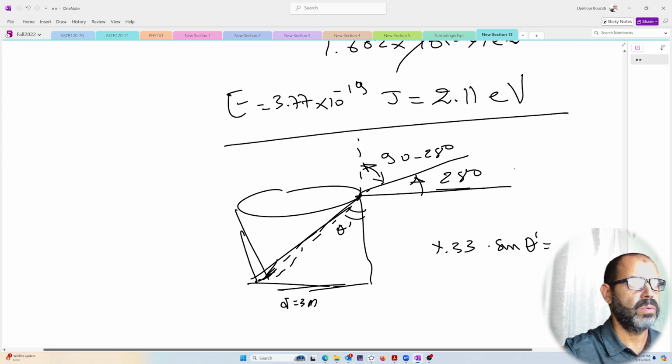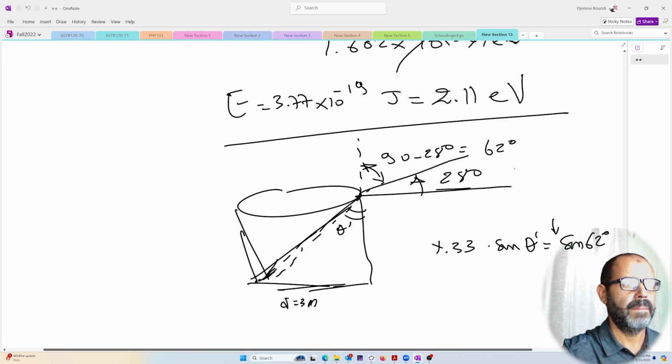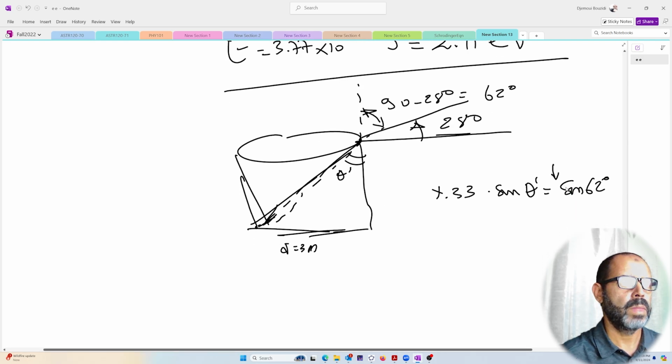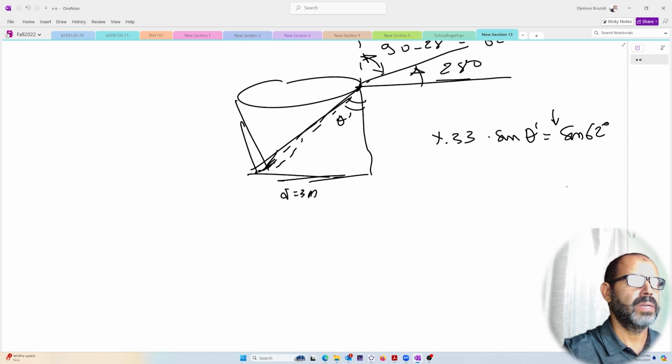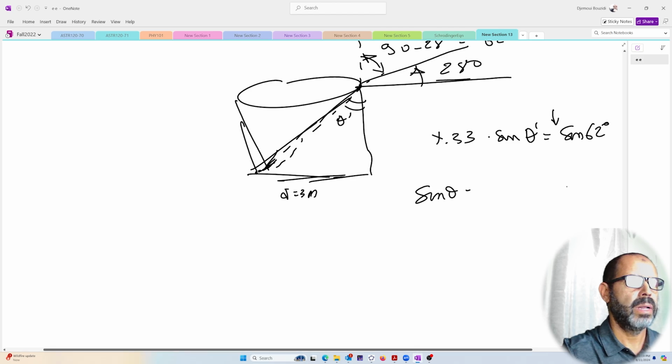This must be equal to the sine of, because I'm assuming the air is dry enough, 90 minus 28, which is 62 degrees. So that's basically what this thing is. From here, we can find sine of theta prime. It's going to be sine of 62 divided by 1.33.